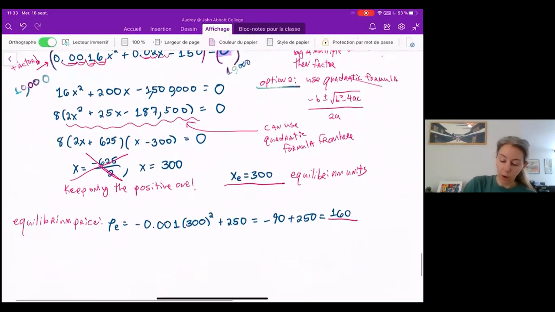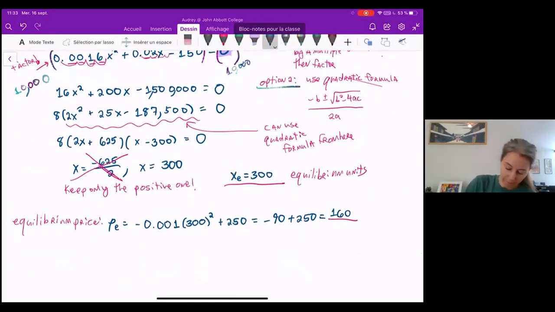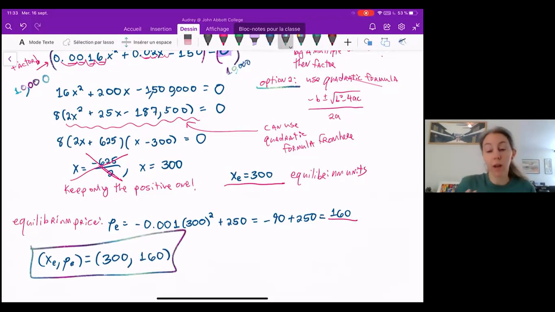So x sub e, p sub e is equal to 300, 160. So that is going to be useful for calculating both producer and consumer surplus, but also for graphing this thing.